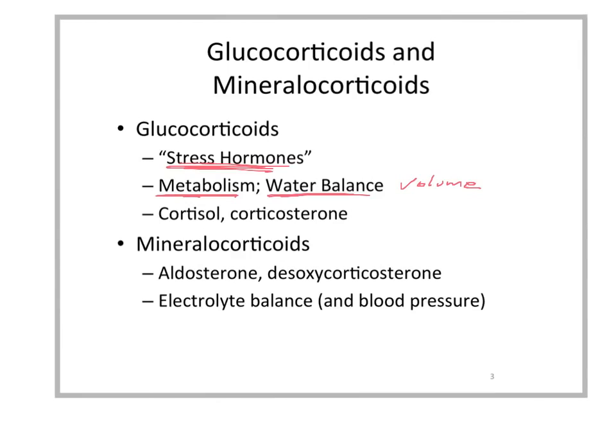And the major glucocorticoids are cortisol in most of our species, and in some of the rodents we see corticosterone. Mineralocorticoids, in most species we see aldosterone, and its major role is to influence particularly the balance of sodium and potassium. We'll talk about that more later. And of course, secondarily, blood pressure.